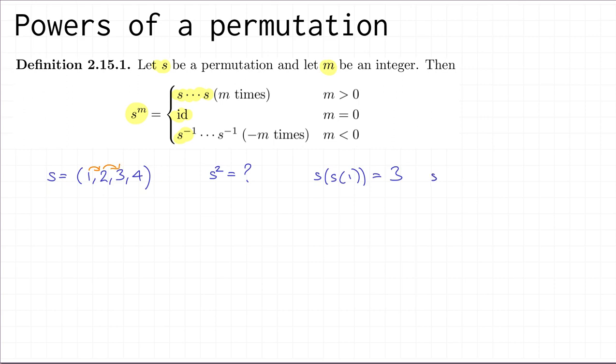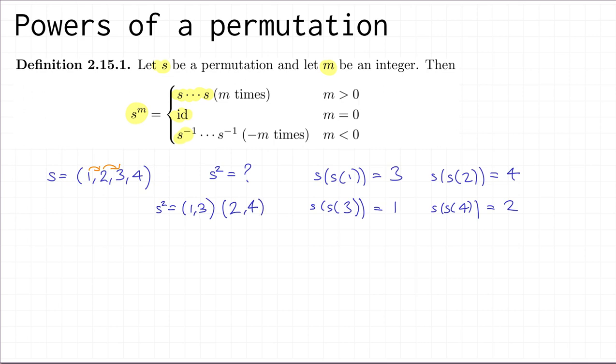Okay, so s squared of 2 would be s of 3, which is 4. s squared of 3 would be 1, and s squared of 4 would be s of 1, which is 2. Okay, so actually we can find that the disjoint cycle decomposition for s squared from that is the cycle (1 3) multiplied by the cycle (2 4).